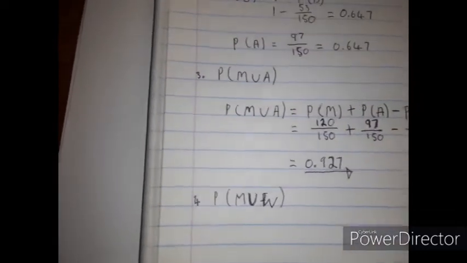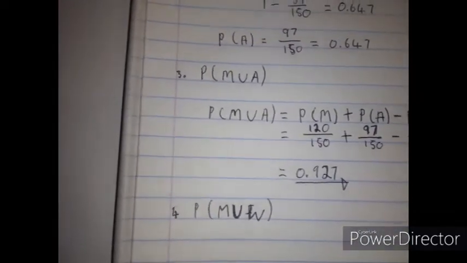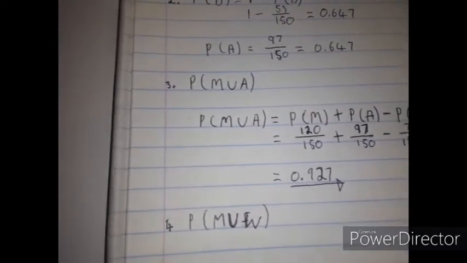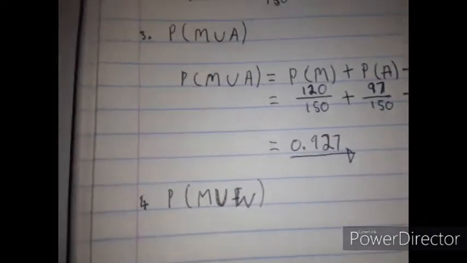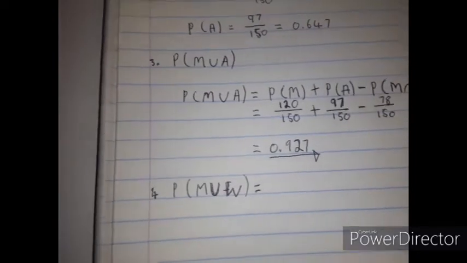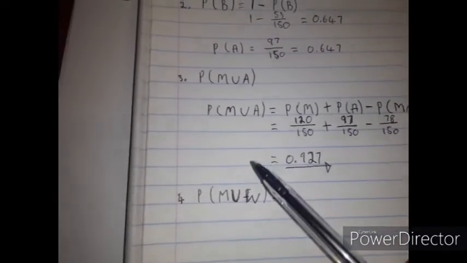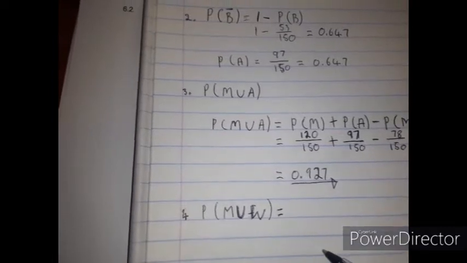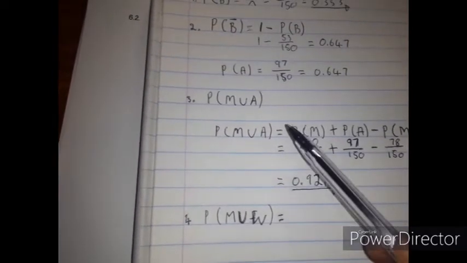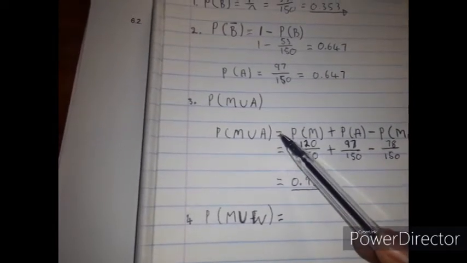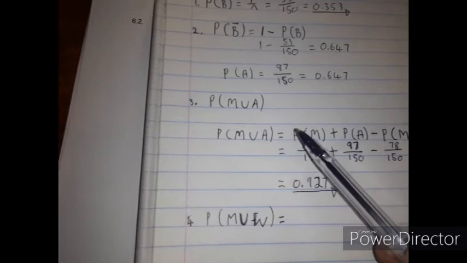This sign here means or, and it is a union of events, and the counting rule is the addition rule. Now, before you calculate, you determine whether these events are mutually exclusive or not mutually exclusive. The previous events were not mutually exclusive because there was an intersection.